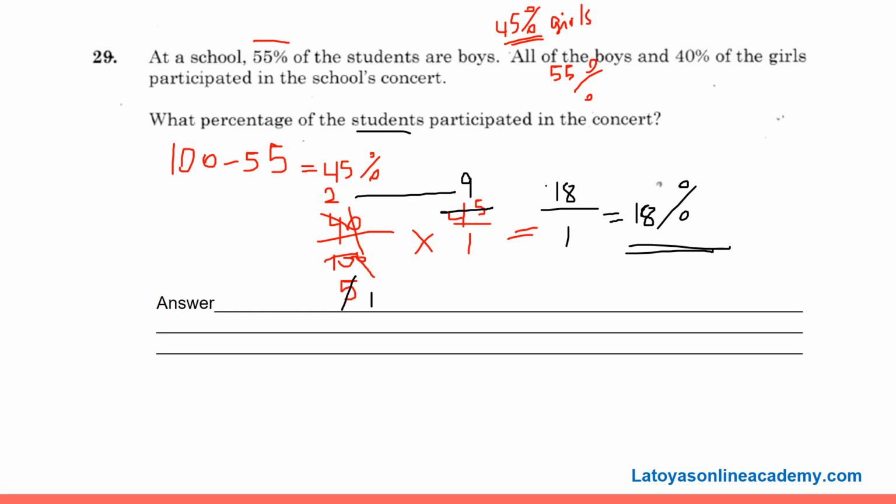So all we have to do is add 55% plus 18, and we're going to get our answer. 5 plus 8 is 13, 5 plus 1 is 6, and 1 is 7. So we have a total of 73. What percentage of students attended? 73% of the students participated in the concert.